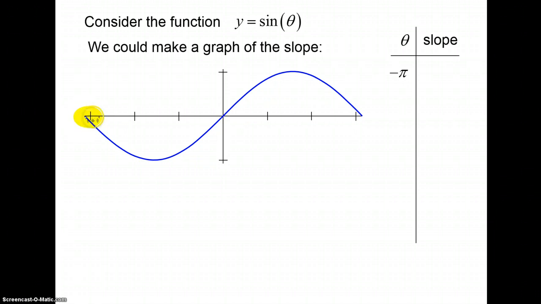If we laid a tangent line next to there, we can tell the slope should be negative, and I'm going to approximate that slope to be negative 1. Let's take a look at another point.